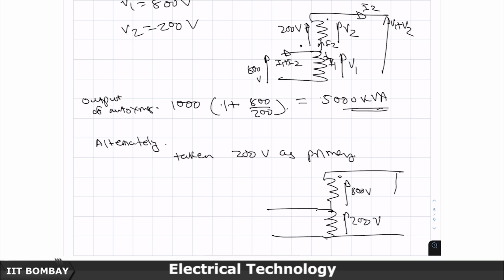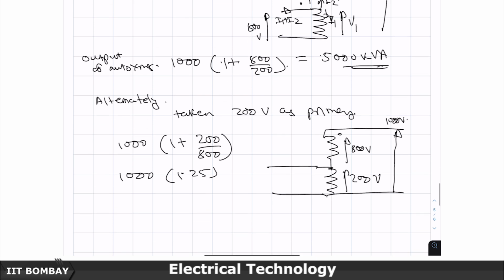and then connected it like this, 1000 volts I would have still got. Then the output would be now 1000 into 1 plus 200 by 800, which is only 1000 times 1.25, which is 1250 kVA, still higher than 1000, but now because I have reduced this, I 1 plus I 2 remaining the same, it is not multiplied by 800, but only multiplied by 200.